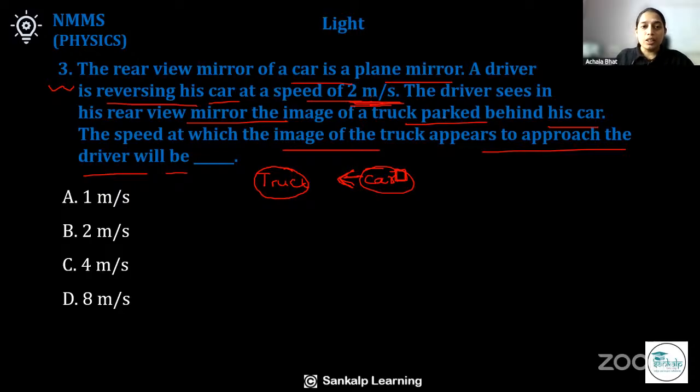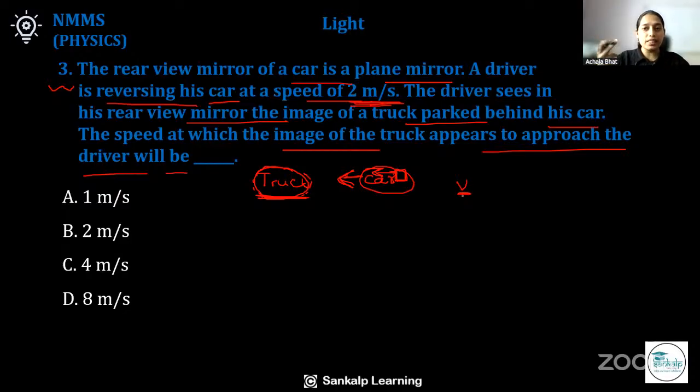Now, always remember, whenever the mirror moves with speed v towards a stationary object, not moving, just like in this question, just like the truck, which is stationary, then what happens?